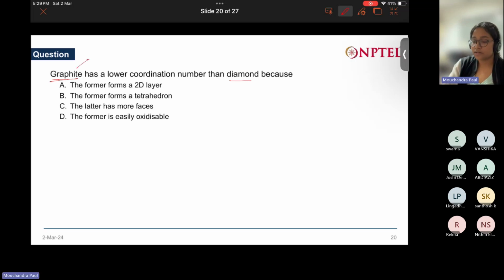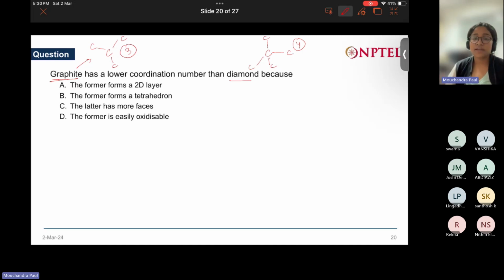In graphite, one carbon atom is surrounded by three carbon atoms, which makes the coordination number 3. Whereas in diamond, one carbon atom is surrounded by 4 carbon atoms. So for diamond, the coordination number is 4. That is why graphite has a lower coordination number than diamond.